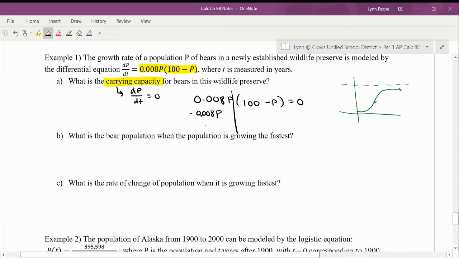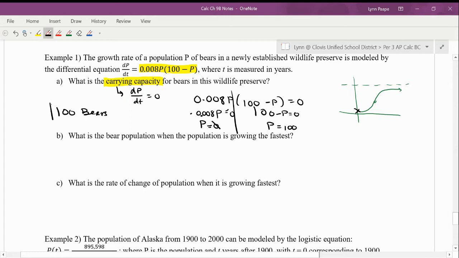Oops, I got the decimal in the wrong place. So then divide by 0.08. So when the population is 0, well, that doesn't make sense, right? That's going to be back here. And then the other one, 100 minus p equaling 0, would occur at 100. So my carrying capacity of the reserve would be 100, and that would be 100 bears.